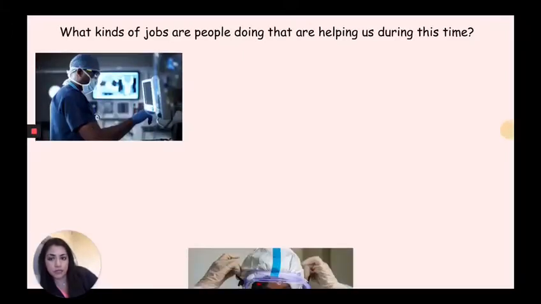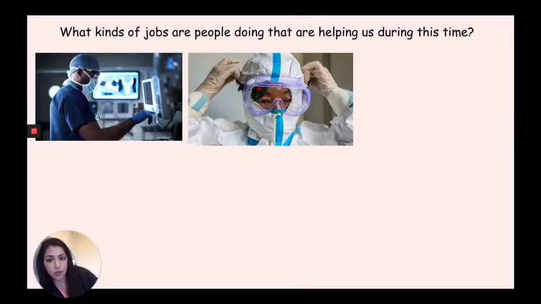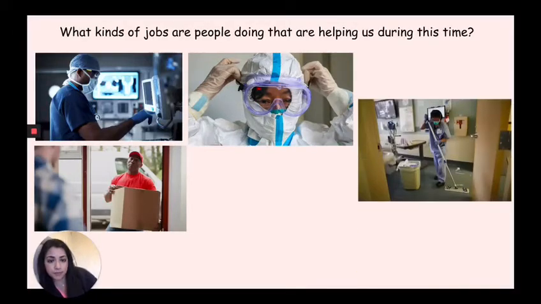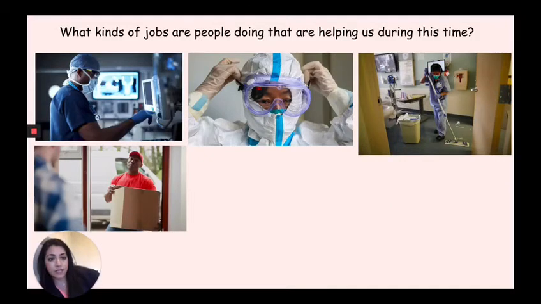So, doctors and nurses are working so hard in hospitals to treat all the people that are not very well. Delivery drivers are also working really hard to deliver lots of important things for all of us that are staying at home. Cleaners are also working hard to keep hospitals really clean.